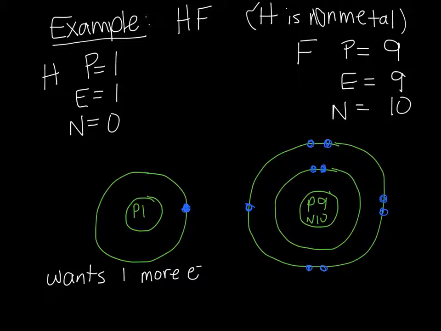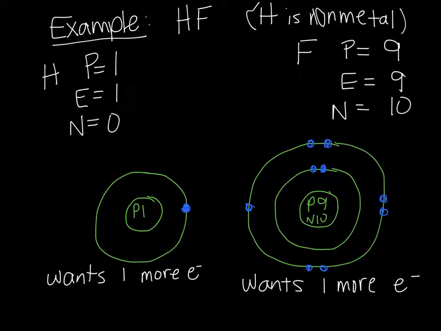It only needs 2 to be full. Then you look at fluorine. Fluorine's outer shell is the second one. That needs 8 to be full. And we've got 2, 4, 6, 7. So fluorine also wants 1 more electron.